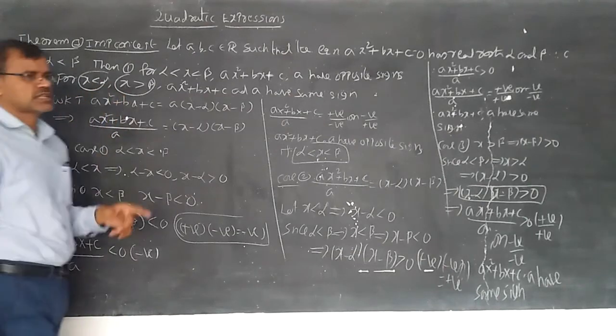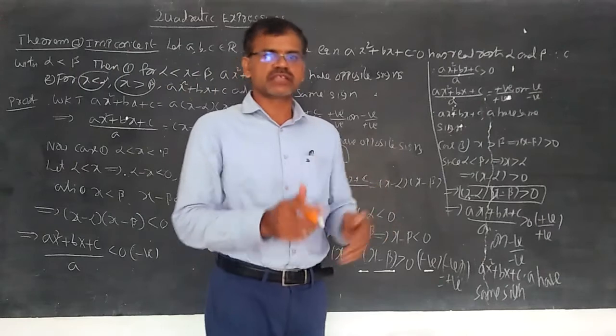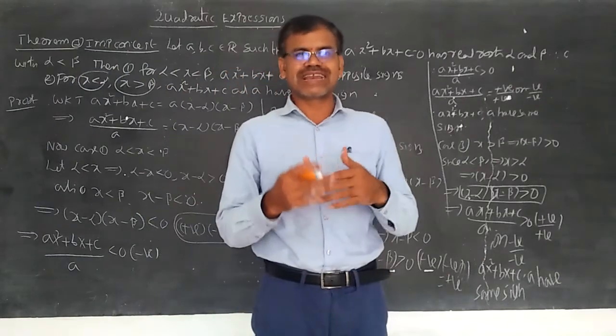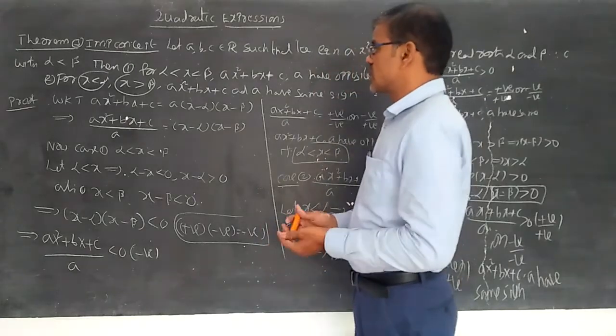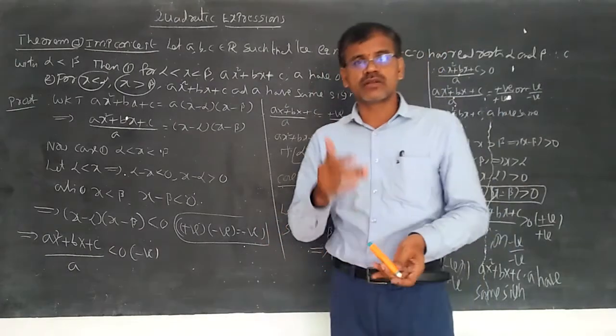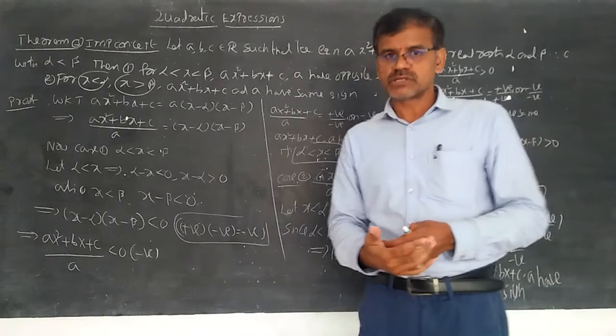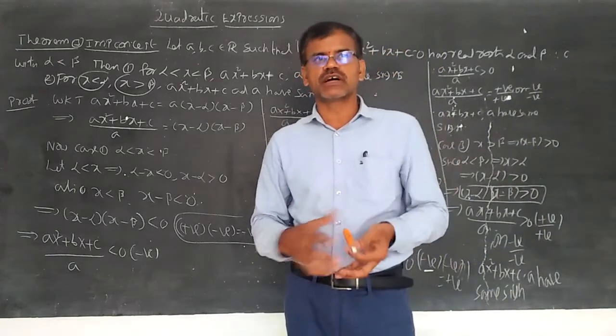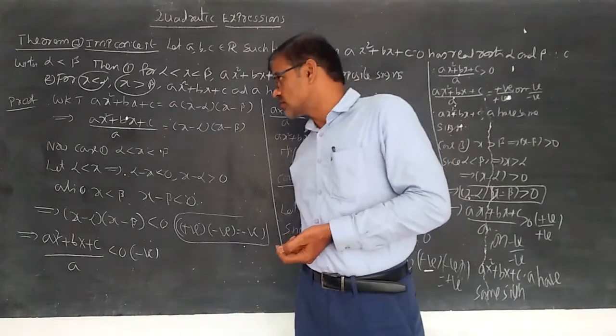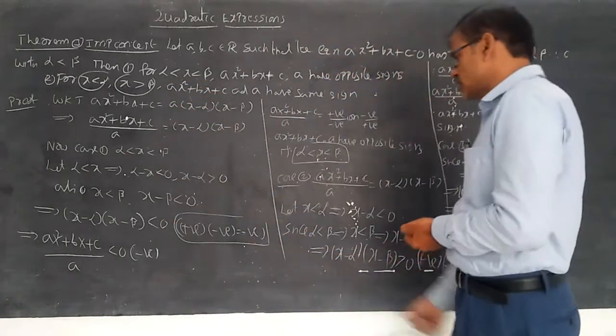For values lesser than alpha the x value exists, and for values greater than beta the x value exists. So we can understand that the formula depends upon progression, functions concepts, domains concept, algebraic concepts and inequality concepts. For all those things, this is the main important concept.